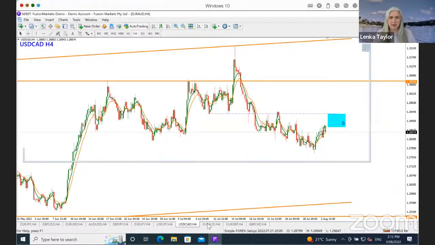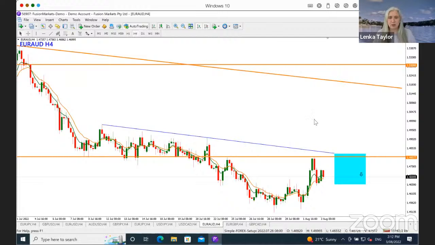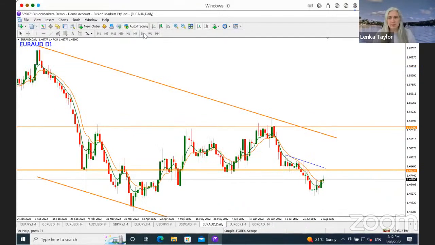The next currency pair I'm looking at is Euro AUD, and I'm looking for short. Here, when we look at the daily, the price has pretty much been going sideways up and down. Now it is below the previous support. We've had a bit of a pushback from the previous support, which potentially looks like a resistance level now.